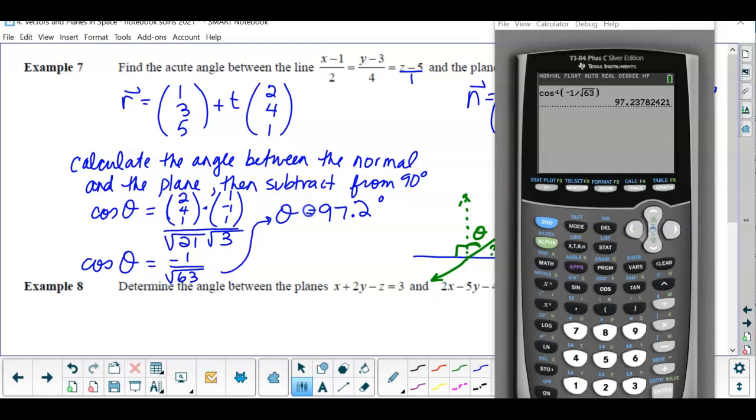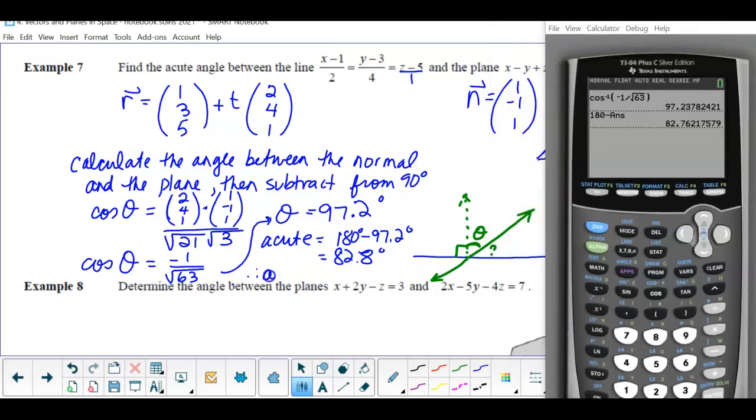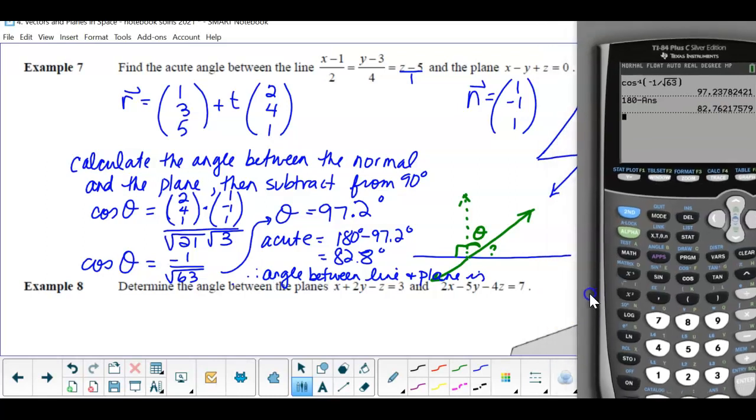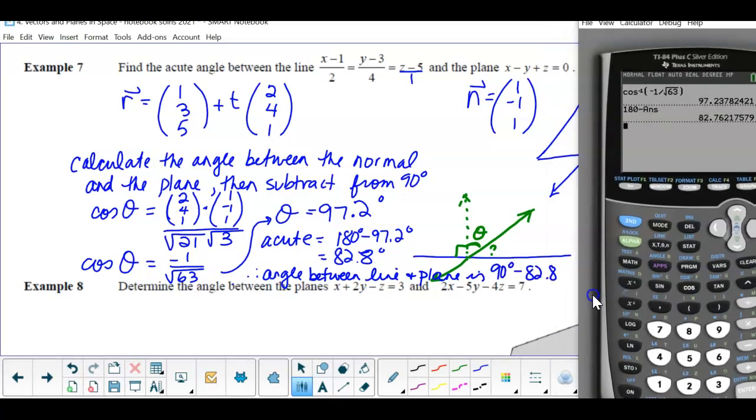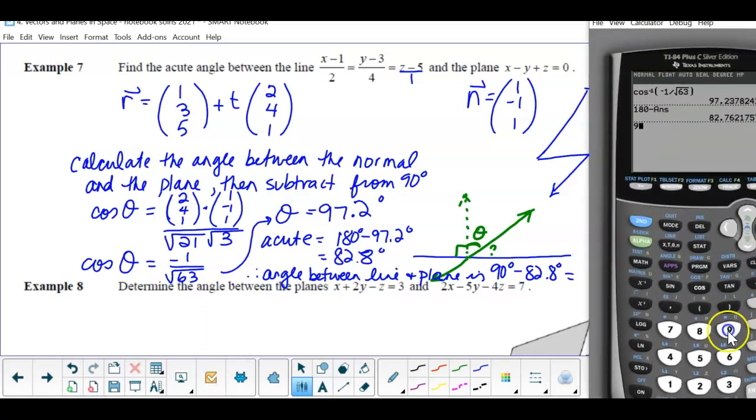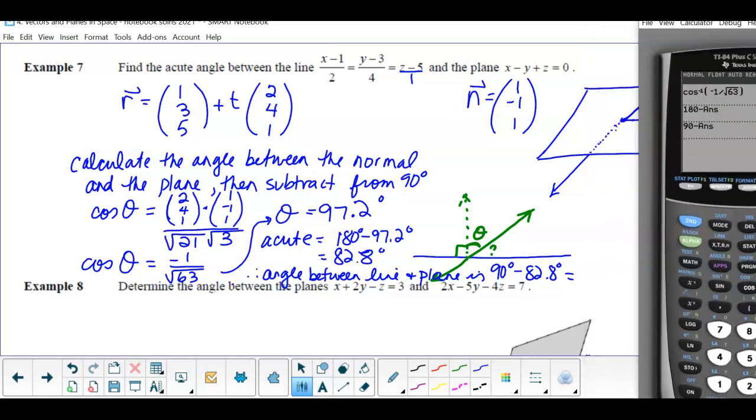So we want to then get this angle, the acute angle from there, and then subtract that from 90. So the angle is 90 minus that, which is 7. So very close, really close.